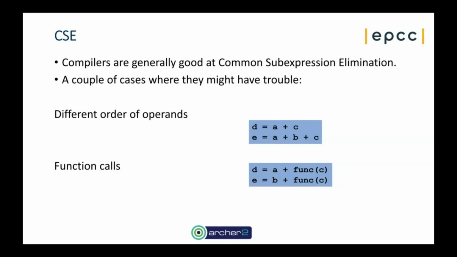The compilers get better over time at these kind of things, so some of this may no longer be as much of a problem as it was before, but sometimes there are different orders of operands. Here we've got D equals A plus C and then E equals A plus B plus C, and obviously E could just be B plus D, but the compiler may not be able to see that because it doesn't recognize the pattern of A plus C. You've got to remember that compilers aren't that clever.